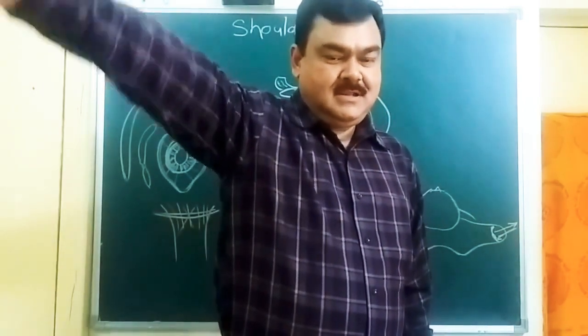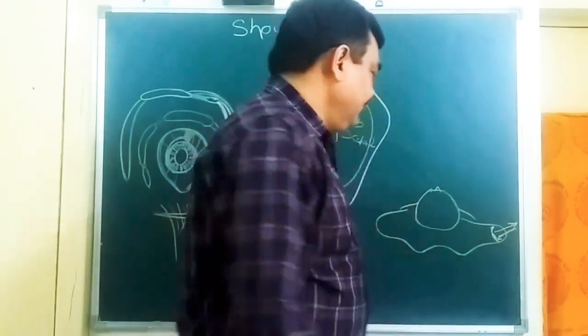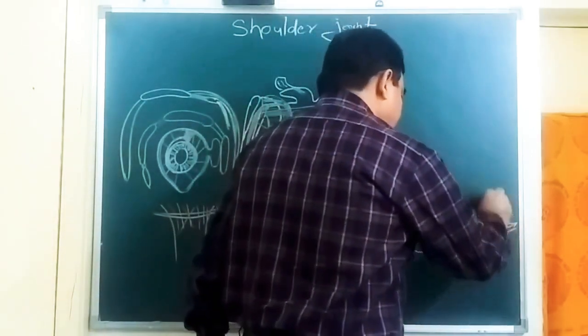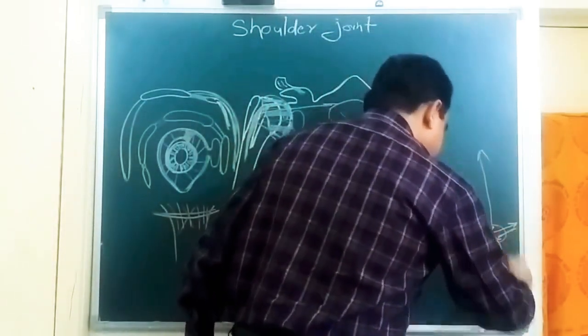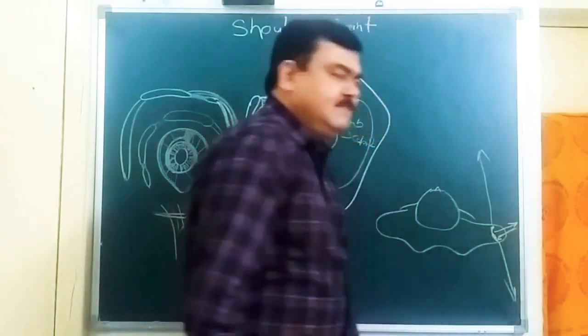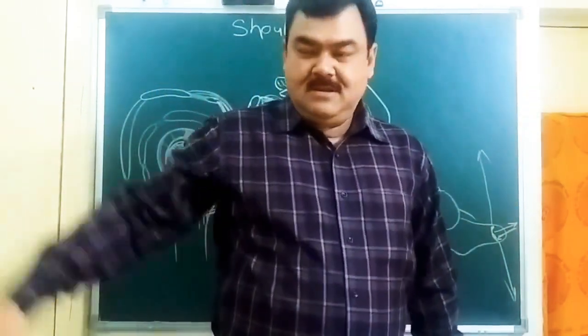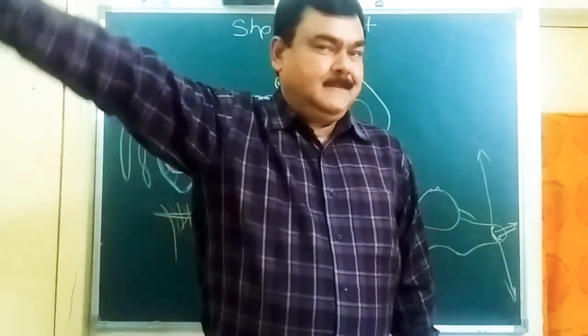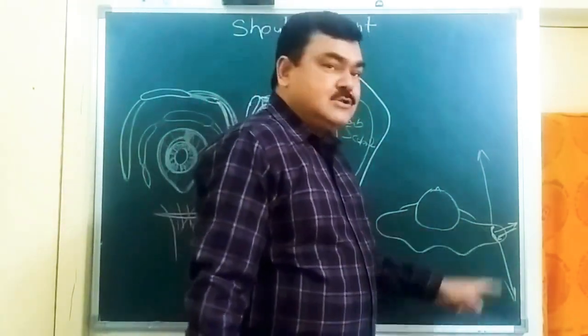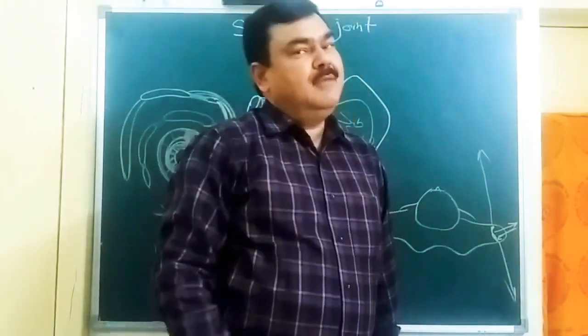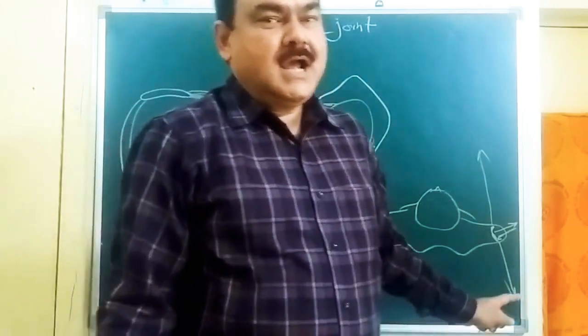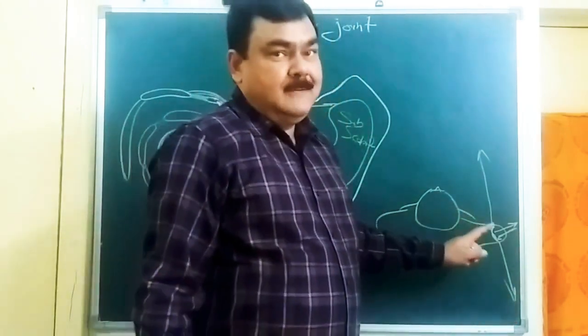This is abduction, this is adduction. And flexion and extension takes place at right angle to this. Flexion, extension, adduction, abduction. And also circumduction is combination of all movements. These movements occur at the shoulder joint.